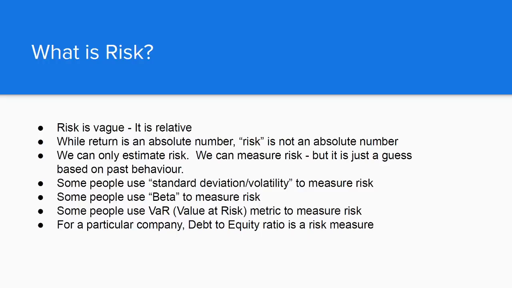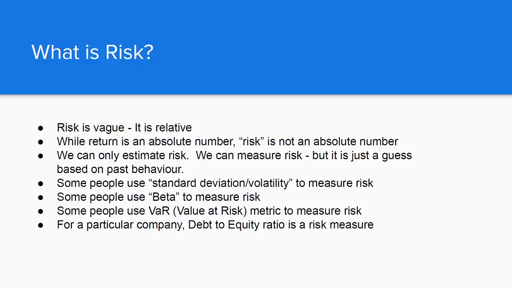So different people use different methodologies. Some people use standard deviation or volatility of a stock to measure the risk. Some people use something called beta. Big banks, investment banks, for instance, or any brokerage houses, use the value at risk metric to measure this risk.